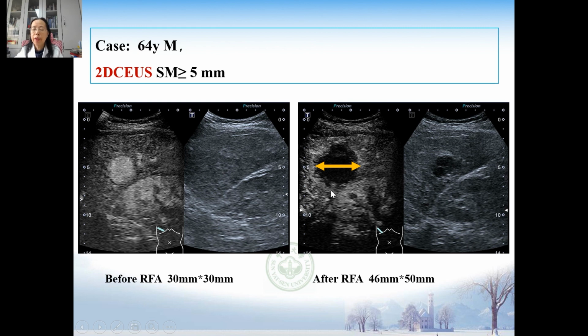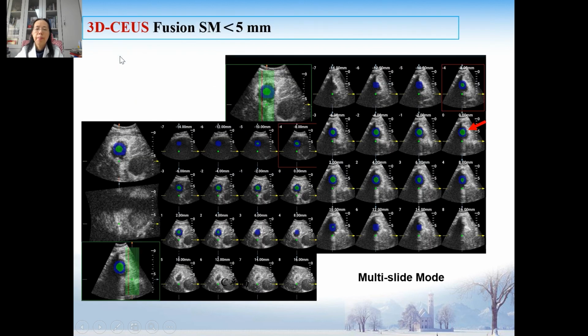It's about 5 centimeters. The safety margin is good enough. But by 3D contrast ultrasound fusion, you can find in plane B, here is not good enough. The safety margin is less than 5 mm.